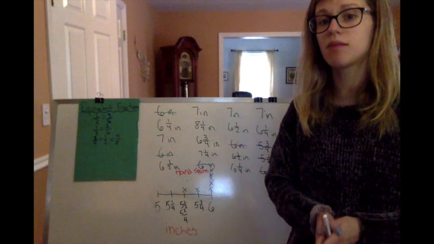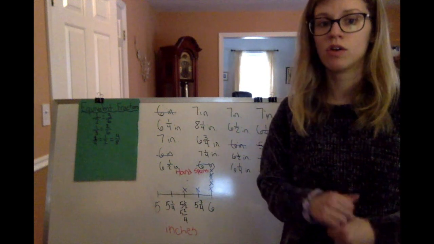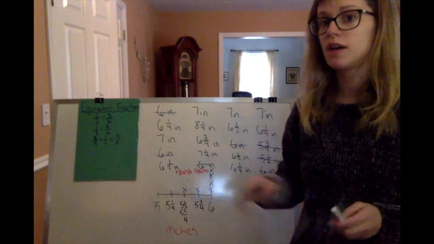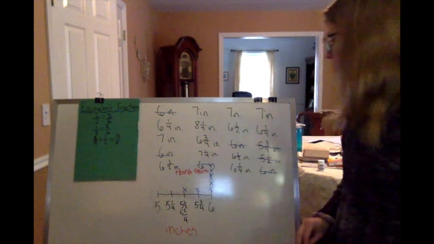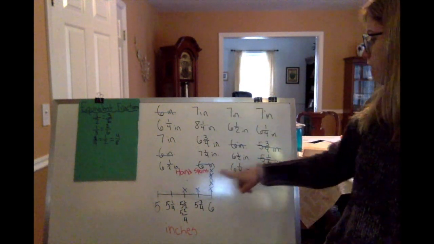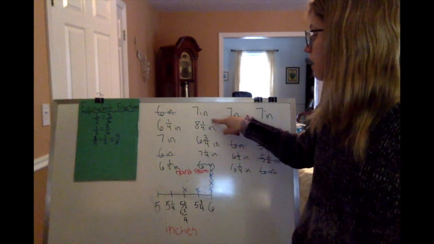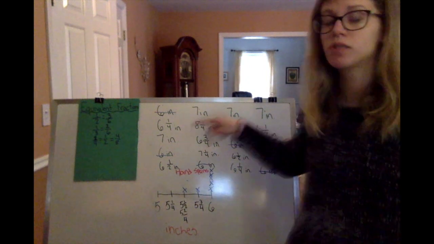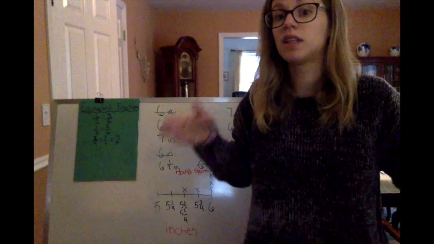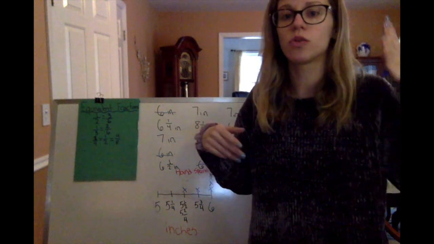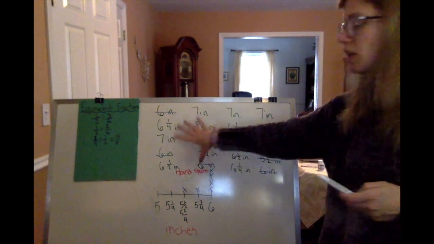What I did on my line plot is I only did 5 inches through 6 inches. But what you need to do on your line plot is be able to use all of this data. So here I see that 5 would be my lowest, but I have up to 8 1/4 inch. So I need to make sure I have my line plot going from 5 inches to at least 8 1/4. So you need to make sure you're able to plot all of this data that's right here.